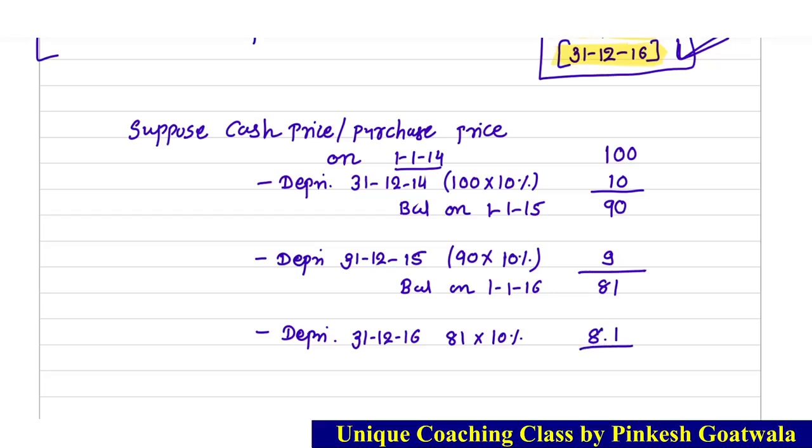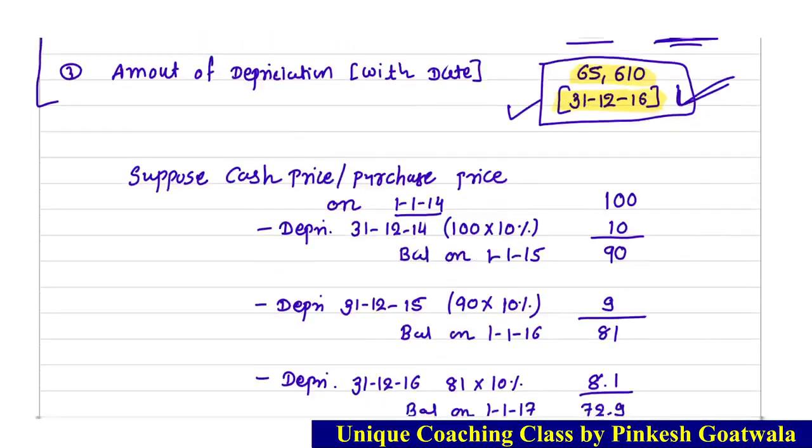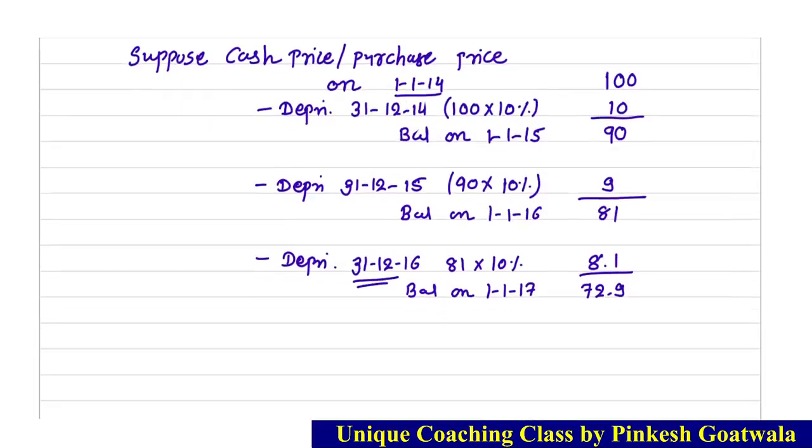So 81 minus 8.1, so here 72.9. Balance on 1/1/17. Now here we have done calculate till this date 31st December 16, right? So now close, means now finish your calculation. Okay, so you have to do this calculation, very simple step.